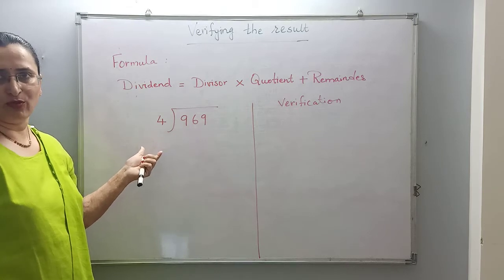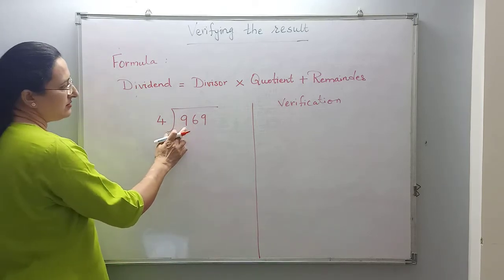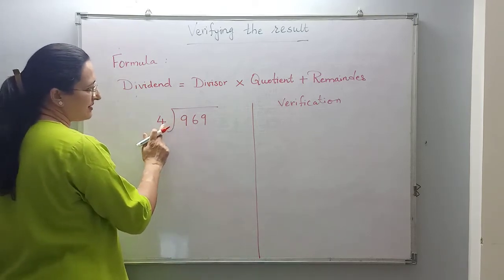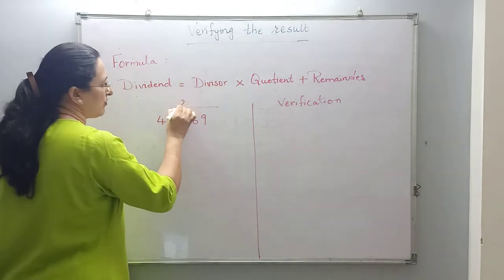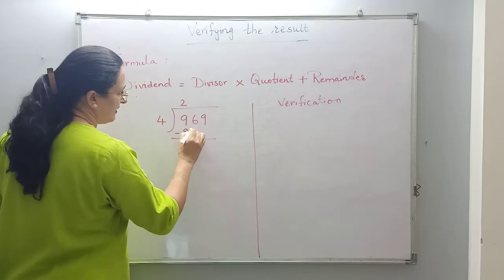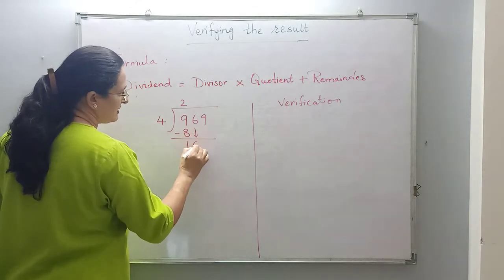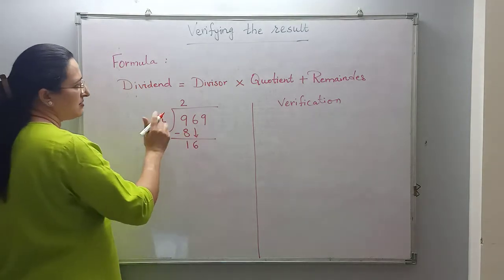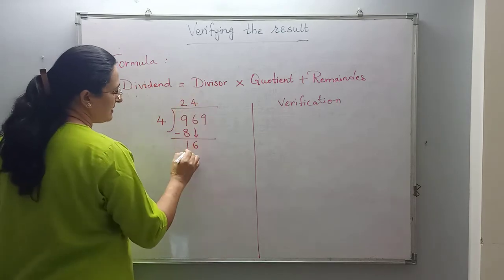969 divided by 4. Now again the first number 9 is greater than 4. So we will go for 4 twos are 8. 1 remains. Bring this 6 down, becomes 16. 4 fours are 16.